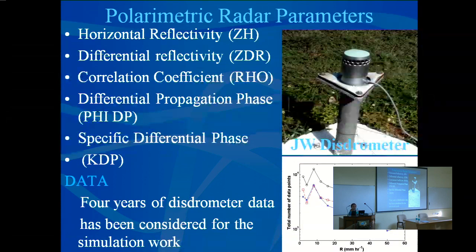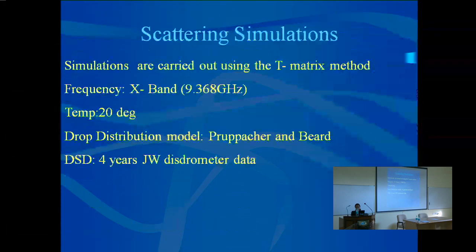For the simulation work, especially the DSD variations, I have taken Gadanki as a location, near Tirupati in Andhra Pradesh, and I've taken 4 years of disdrometer data. For the scattering simulations, I have done this work especially for the X-band polarimetric radar which is coming up at Gadanki, the National Atmospheric Research Laboratory. It requires various parameters, especially for rain rate.